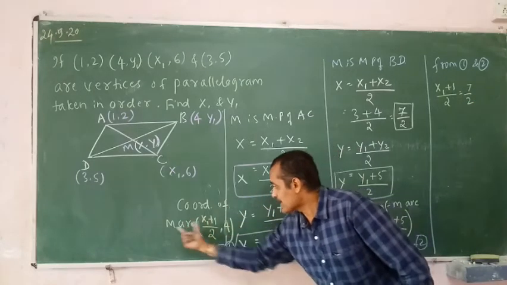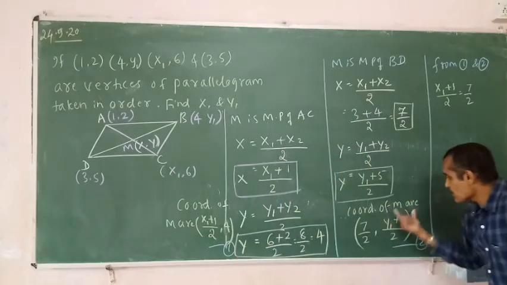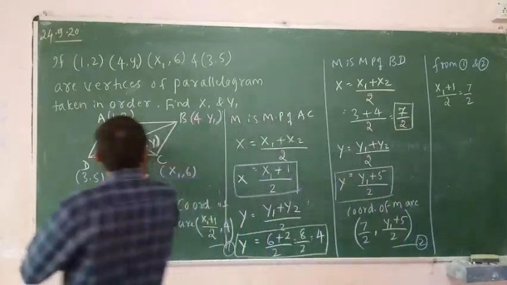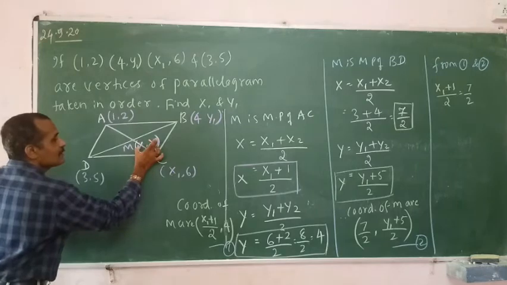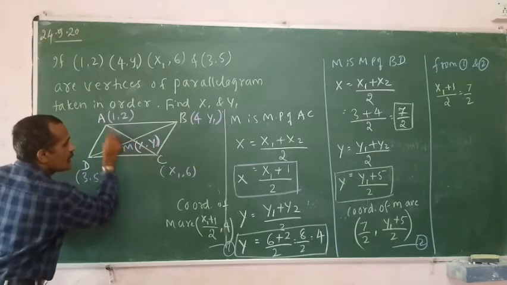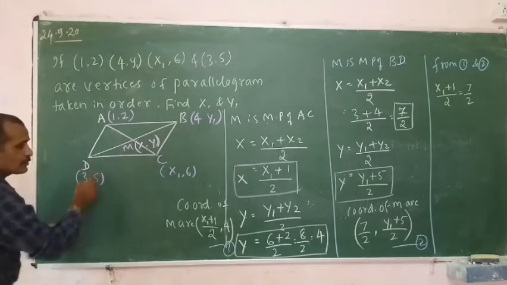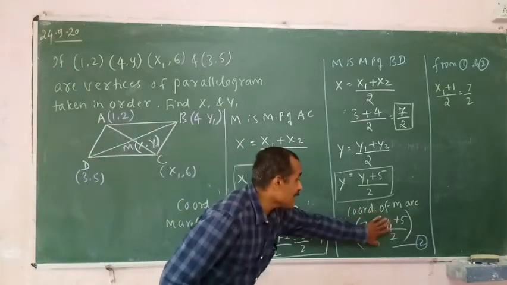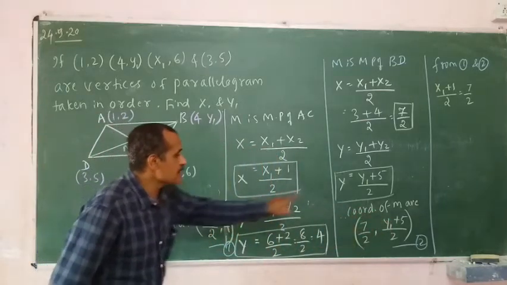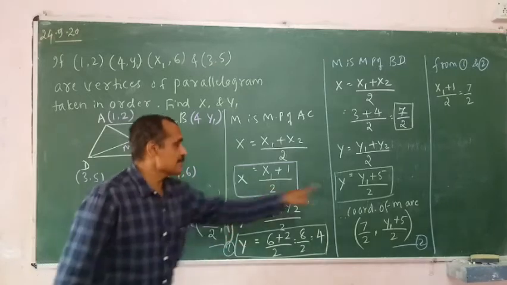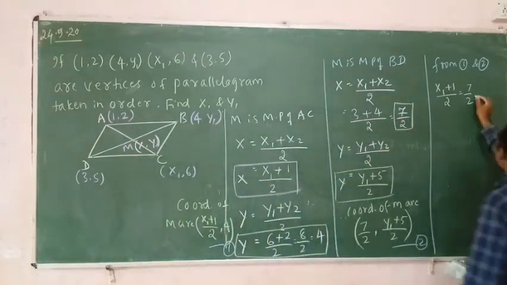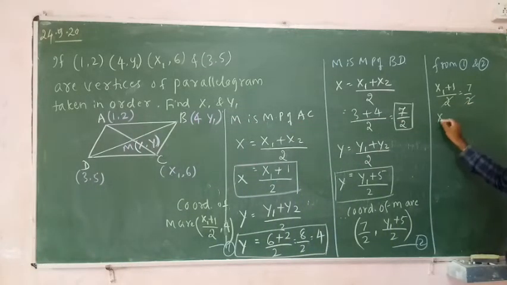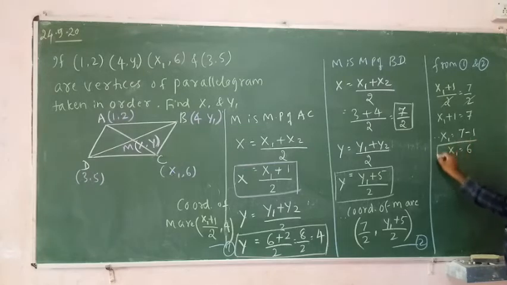This is also coordinates of M, and this is common for this also. That means these two can be equated. First value is equal to first value, second value is equal to second value. I can cancel 2 and 2. x1 + 1 is equal to 7, x1 is equal to 7 minus 1. Therefore, x1 is equal to 6.